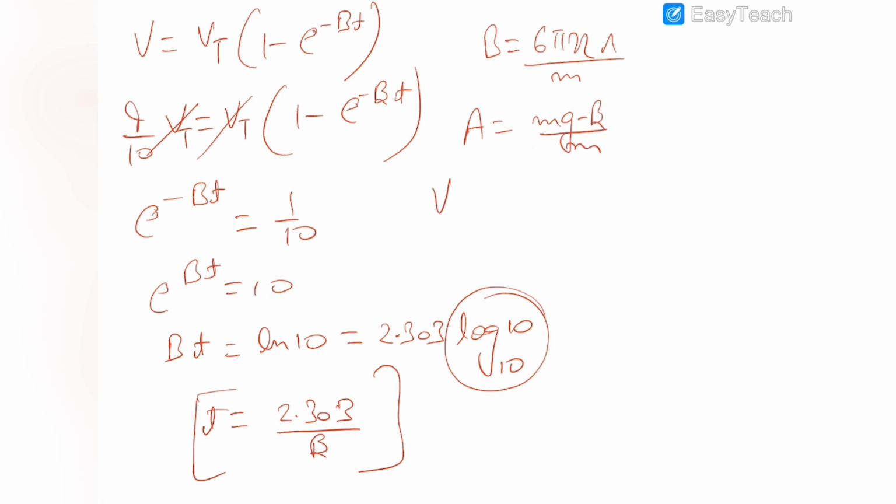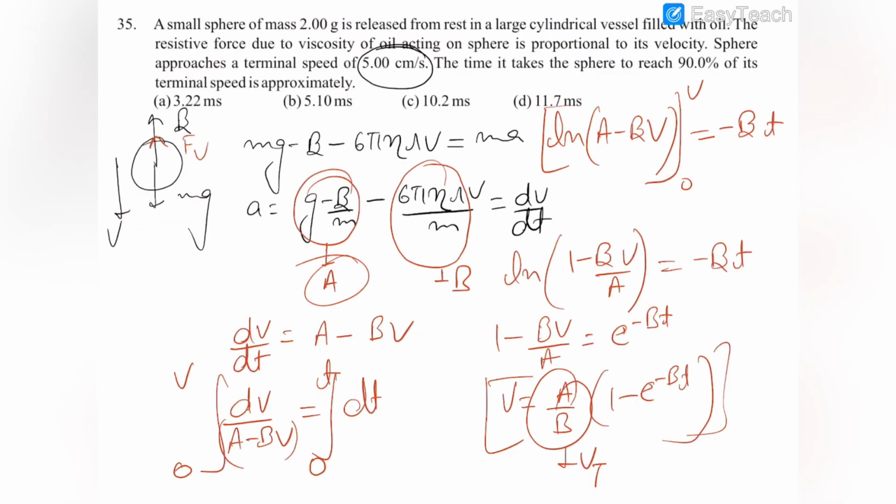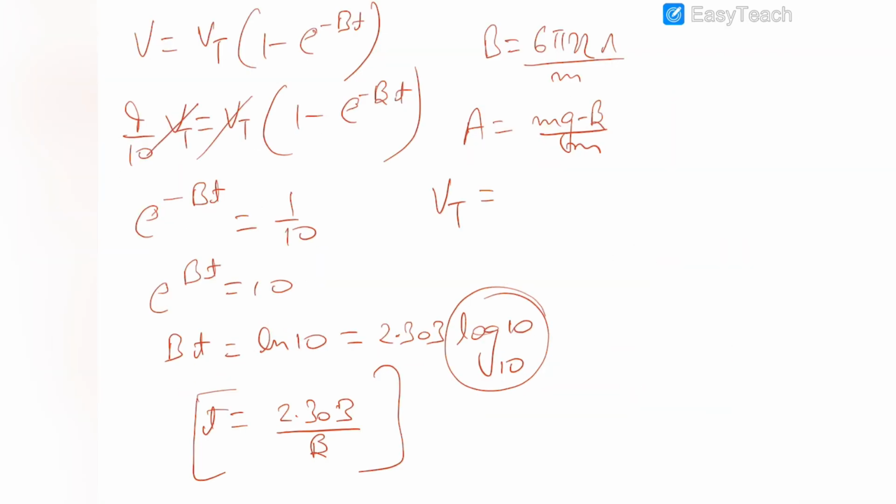Now we know that terminal velocity is equal to A by B from this equation. So vt is given as 5 centimeters per second. So let us write it down in meters: it would be 5 into 10 to the power minus 2, and this is equal to A by B. So A by B will be mg minus buoyancy divided by 6 pi eta r.